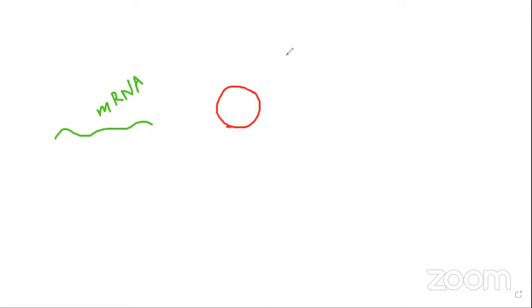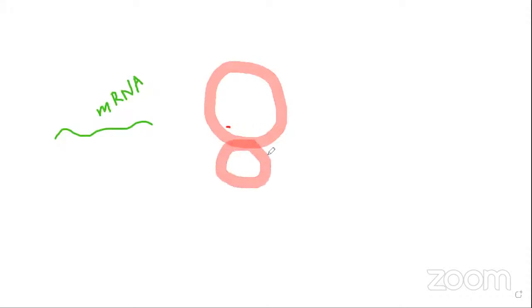Sorry, this one I have to put large instead. Okay, see here. This is a ribosomal RNA. See that one? This is a ribosomal RNA.